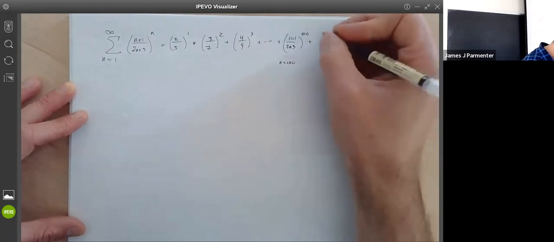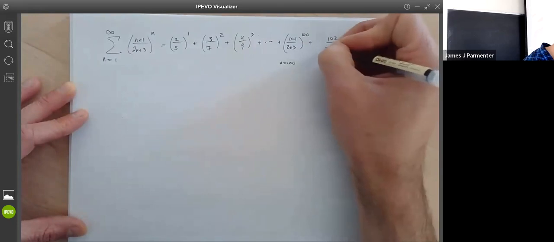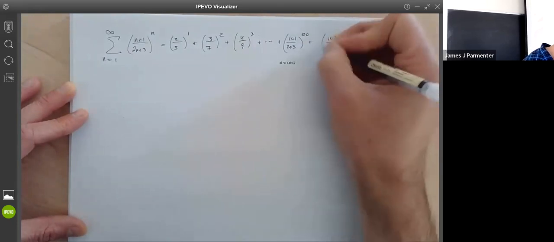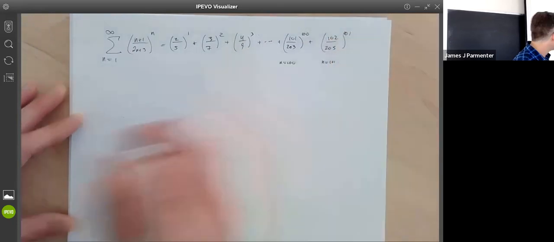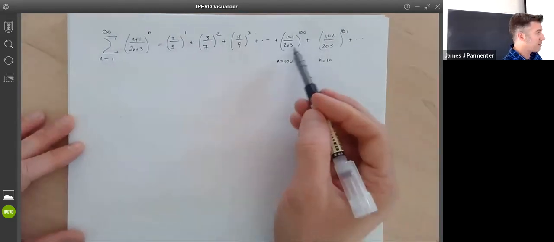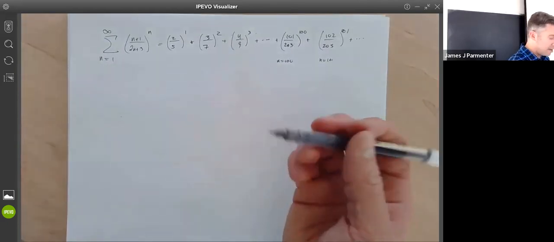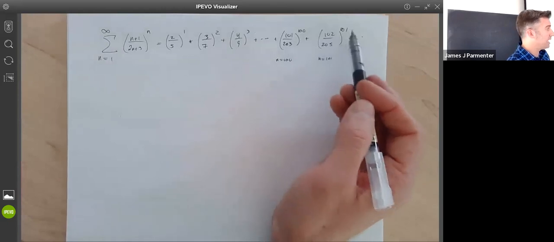And then the next one is going to be 102 over 205 to the 101st power. So each next term looks a lot like the previous term, right? 101 over 203 is pretty close to 1/2, but it's being raised to the next highest power.